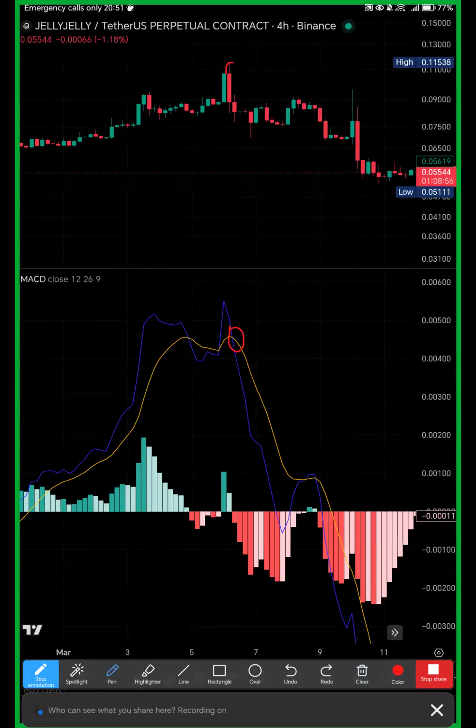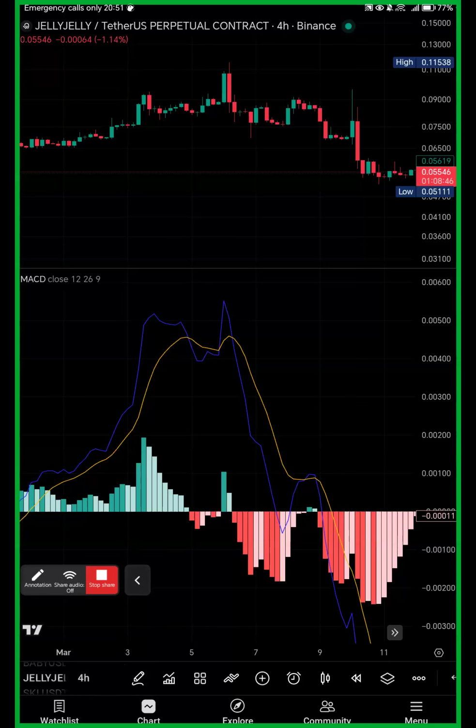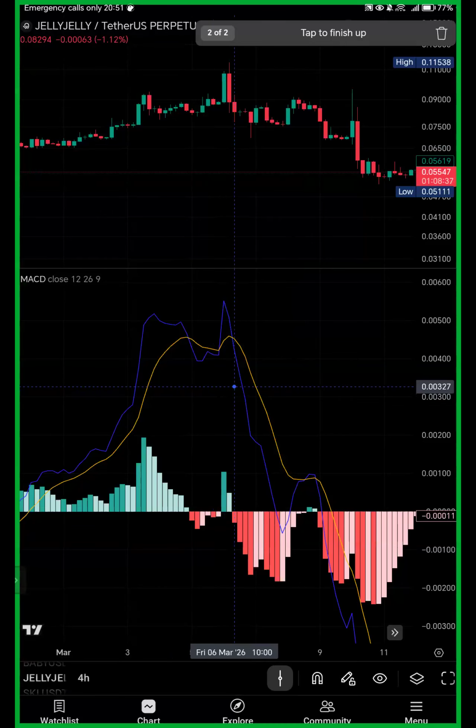Come here on top and check. If we were to draw a line here, probably a horizontal line, okay? Let me draw, not horizontal, but a vertical line, where this crossover happened.